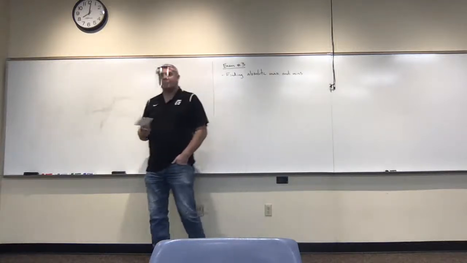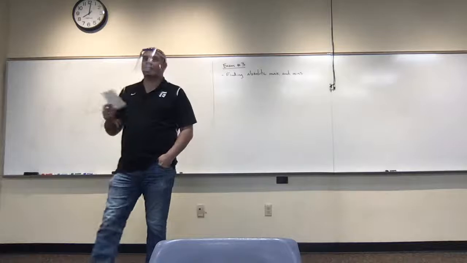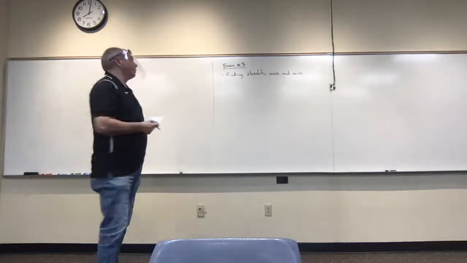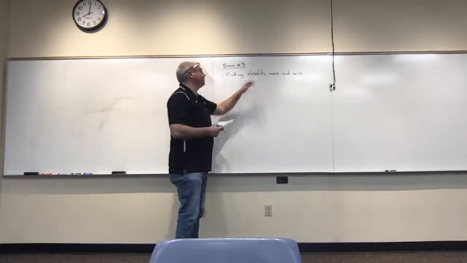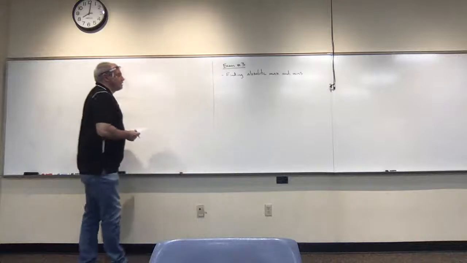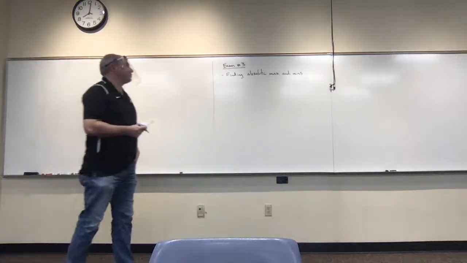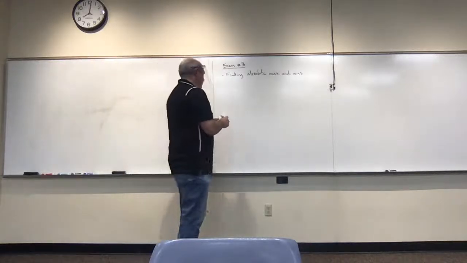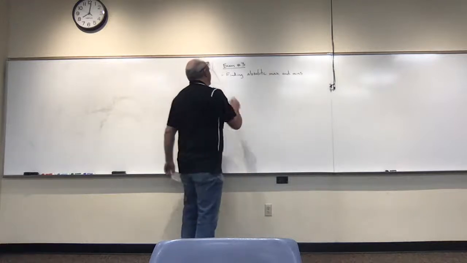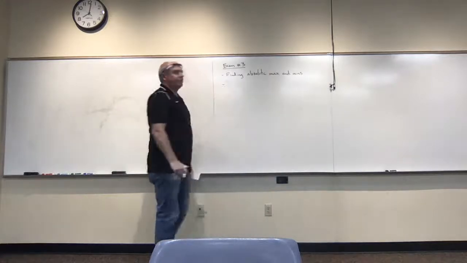Well, they either happen at critical values or at endpoints. So to find absolute max and min, find all the critical values and then test them and the endpoints in the original function.